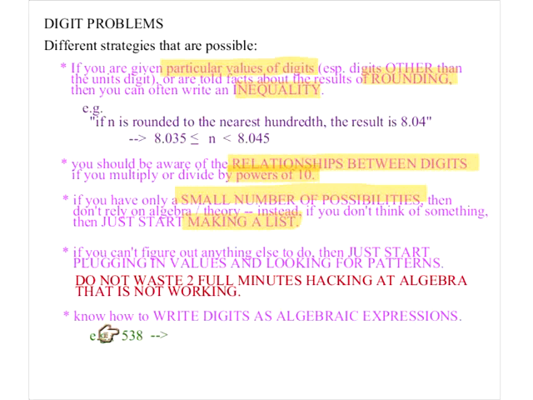How much is this 5 worth? It's actually 500. So it's actually 100 times 5, plus that's actually 10 times 3, plus that's actually 8. This is what they teach you in grade school when they're like, guys, here's how 3-digit numbers work.